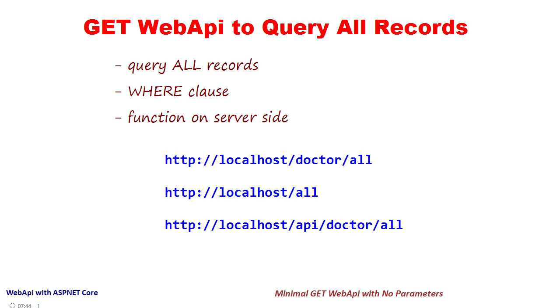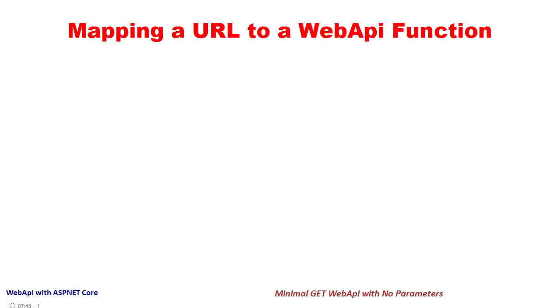The point is that we have to decide on a URL that will be bound, that will be connected to our Web API function. The next step is to connect this URL to a function on the server side. This is also called mapping a request to a function.